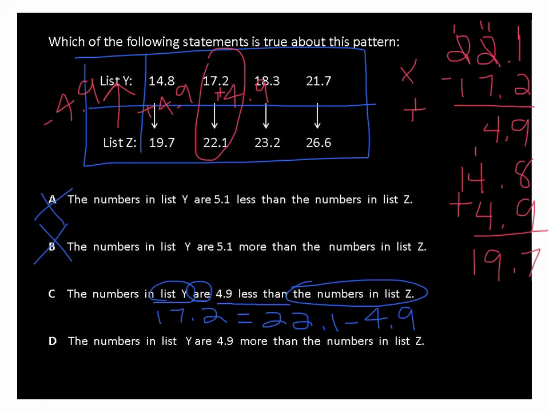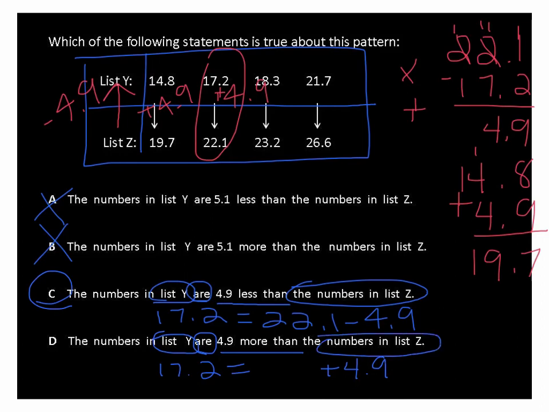Let's look at D. We believe our answer choice is C, but we need to make sure that D is not correct. The numbers in list Y, so we're going to use 17 2/10, are, that's our signal word that means equal sign, 4 9/10 more than, oh, that more than means I'm probably switching, and more, that tells me I'm going to be adding that, more than the numbers in list Z. And the number that we're going to use for list Z is our 22 1/10.